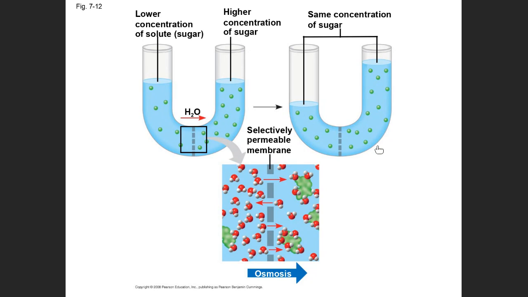Another way to remember that, which I don't think is as easy, is that water is following its concentration gradient. If we have a 1% sugar solution on the left, that means there's 1% sugar and 99% water.